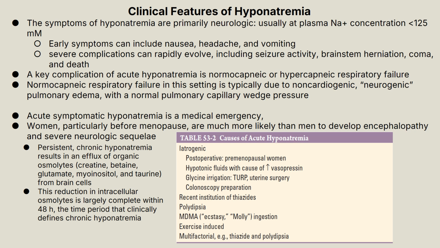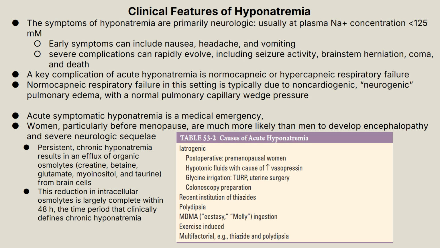The causes of acute hyponatremia can include iatrogenic, such as post-operative premenopausal women, hypotonic fluid which causes increased vasopressin, glycine irrigation in surgeries of the urethra and prostate, such as TURP, and uterine surgery, colonoscopy preparation, and recent institution of thiazides, polydipsia, MDMA drugs, ecstasy, exercise induced, and multifactorial, such as thiazides and polydipsia.